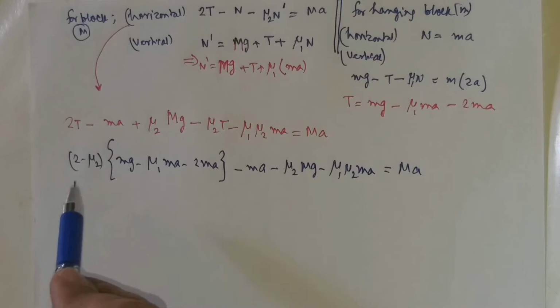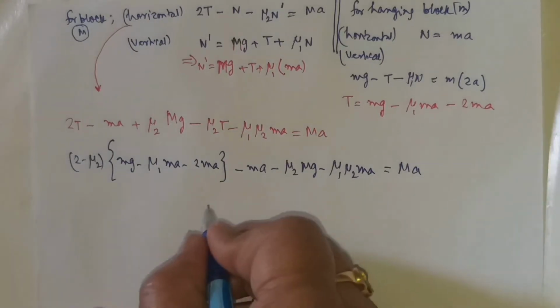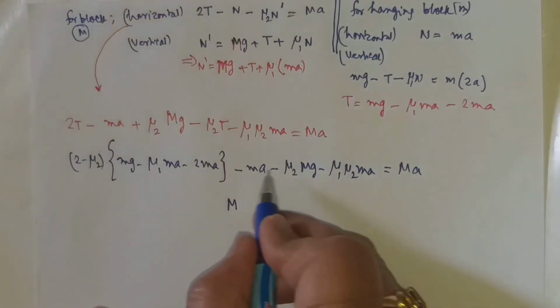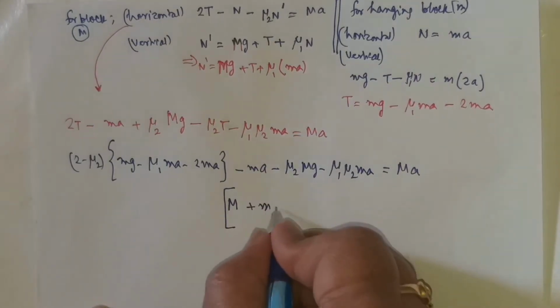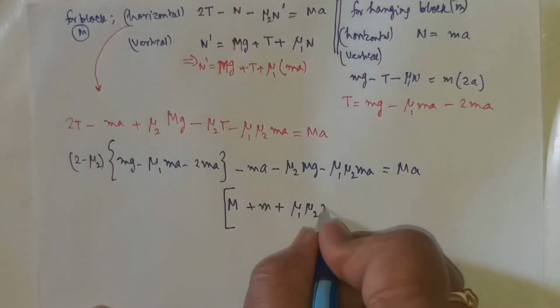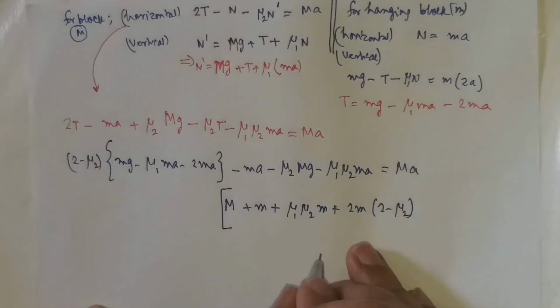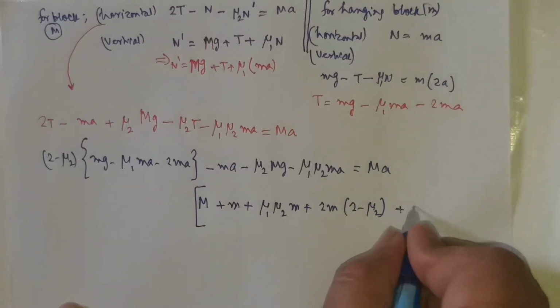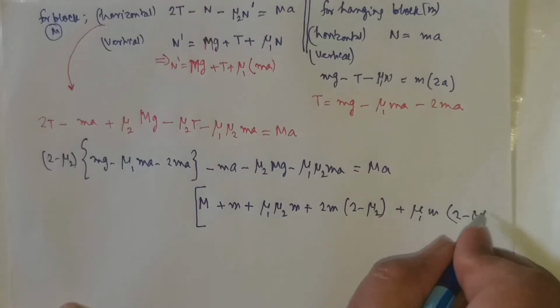Now what I do, I am opening up the bracket, and one by one I am transferring all the A containing terms to one side, and the other terms which do not contain A will remain on the other side. So this will be equal to, keep on observing, capital M plus small m plus mu1 mu2 small m plus 2m into 2 minus mu2, and then further it will be plus mu1 into m into 2 minus mu2.